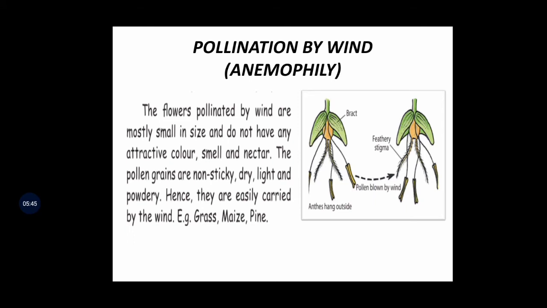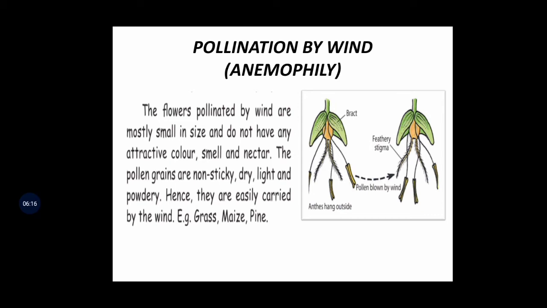Pollination by wind, which is otherwise called anemophily. Spellings are very important, so kindly note down the spellings for pollination and anemophily. So what is anemophily? The flowers pollinated by wind are mostly small in size and do not have any attractive color, smell and nectar.